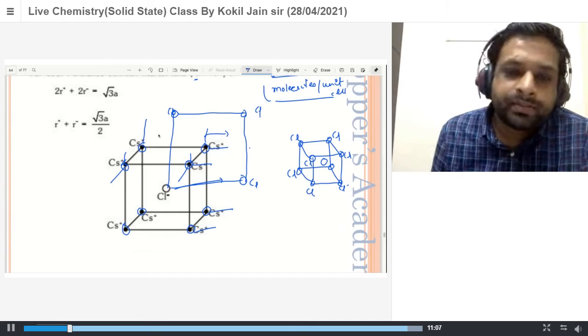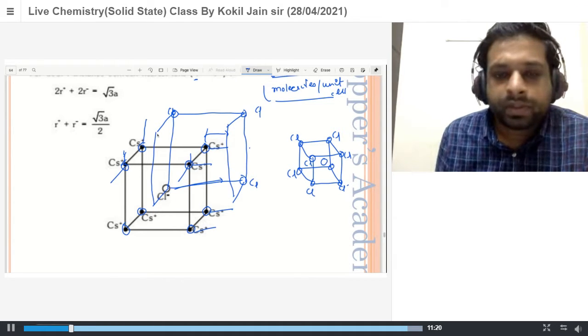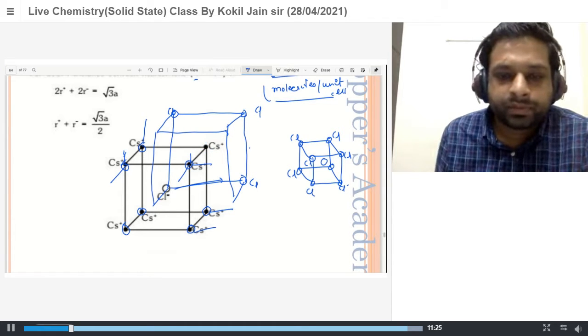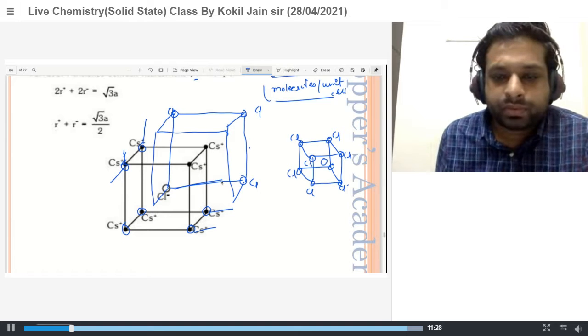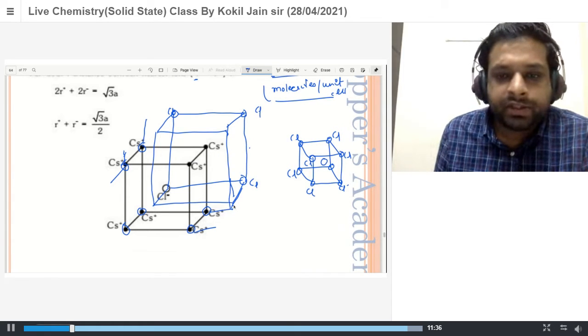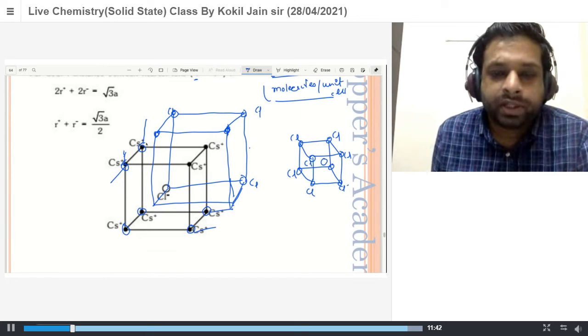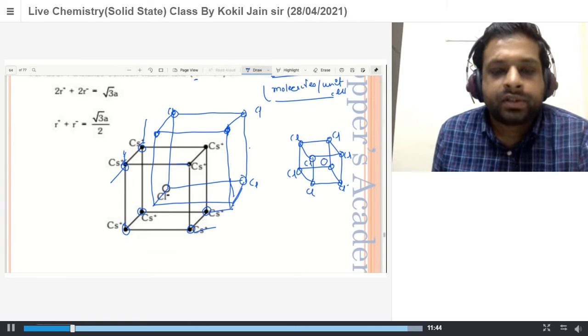Can you visualize this? I'm removing these bonds here. Let's assume this plane is ahead of this one.